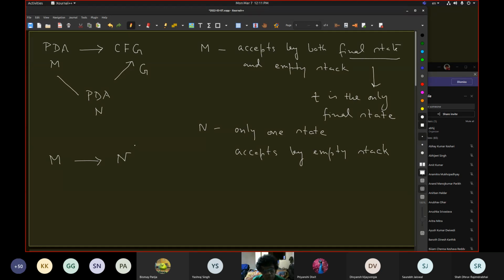M may have multiple states. N will manage with only one state.